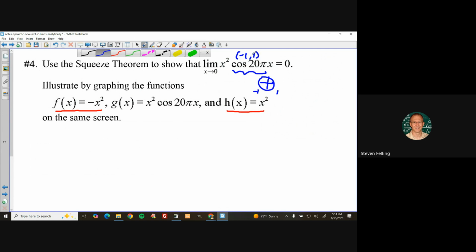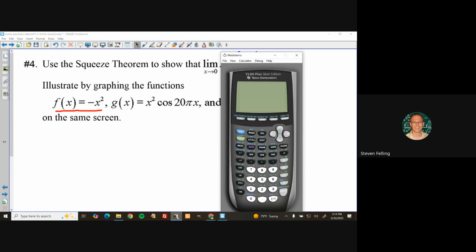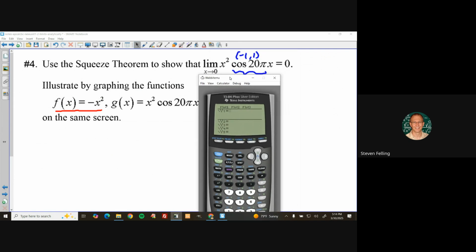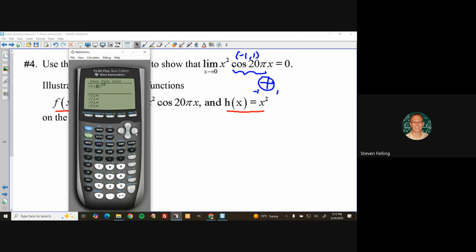So to show you what we're saying here, let's actually graph this with a calculator. So I'm going to bring a calculator up here. And let's plug in the target function. The target function is x squared times cosine of 20 pi x.